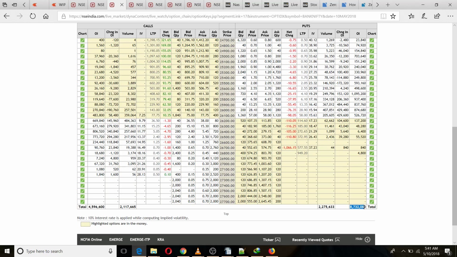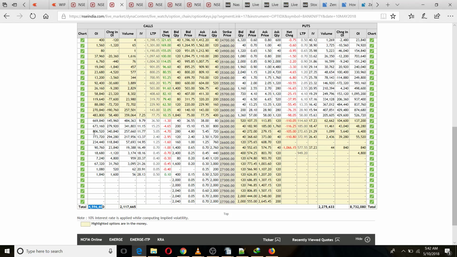Now that gives confidence that we are not going down in this week's expiry, because there are so many open contracts. This is almost double of what we see in call writing. So this is important, that we don't short the market just because we feel like it.